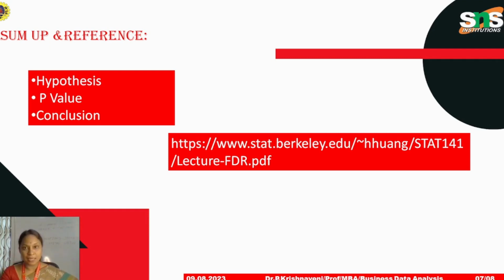The decision to accept or reject is taken based on the p value. If the p value is less than 0.05, we reject our null hypothesis, which means we are accepting our alternate hypothesis. We saw the conclusion, and in the next session we are going to see how to work it out in SPSS.